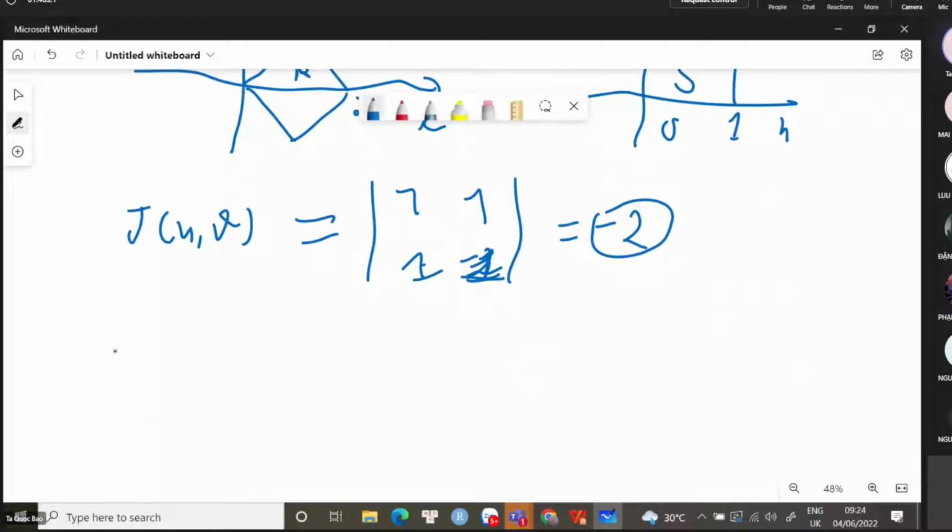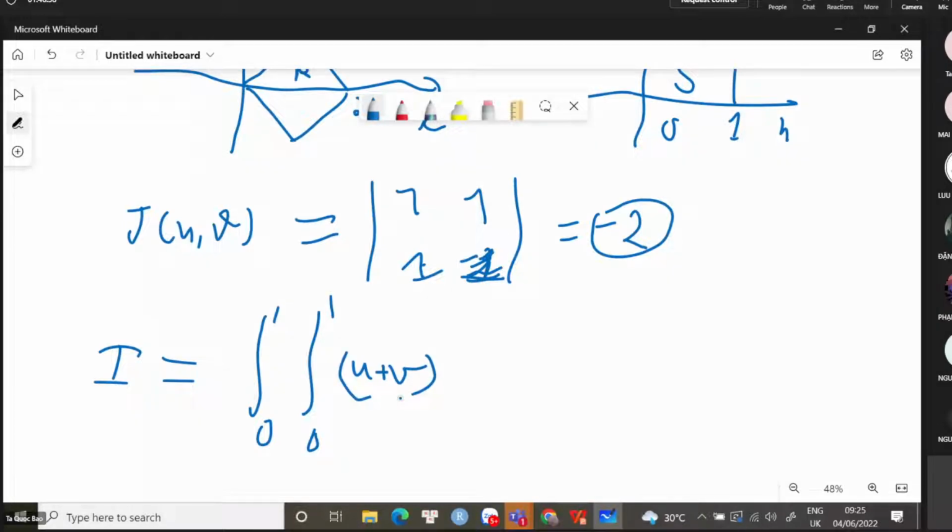So therefore, our integral I becomes the integral from 0 to 1, 0 to 1, of (u plus v) times (u minus v) times the square root of the Jacobian, which is 2, dv du.